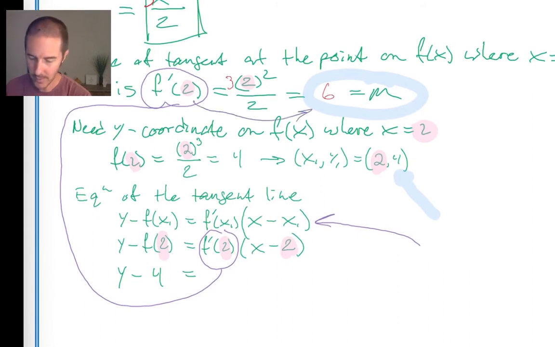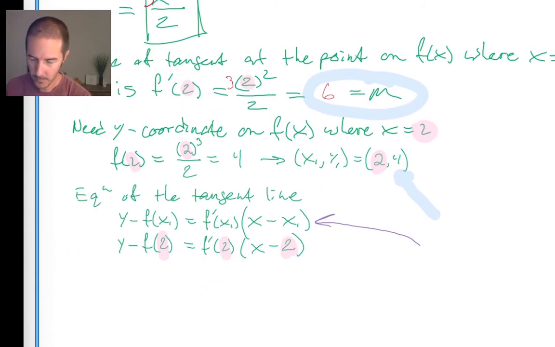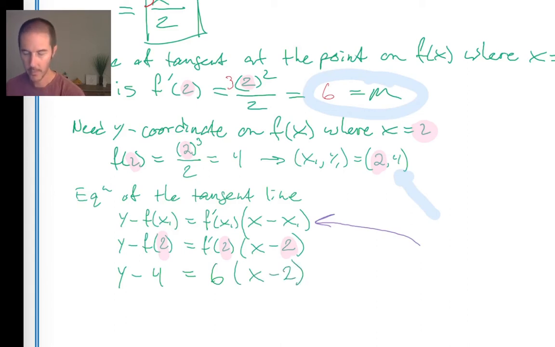That turned out to be 6. So let's get the 6 in there as our slope, times x minus, and that 2 was already there. That was our x coordinate of 2. This is the equation of the tangent line if we leave it in point slope form.